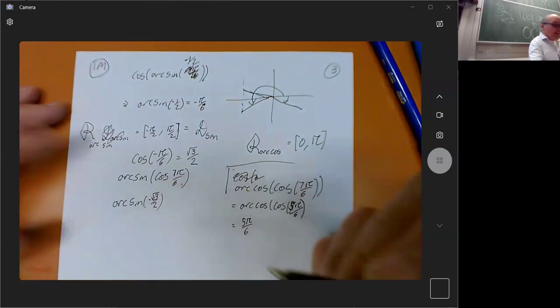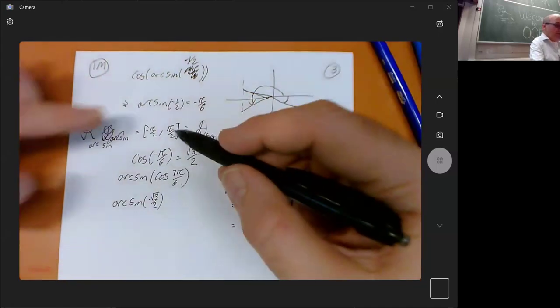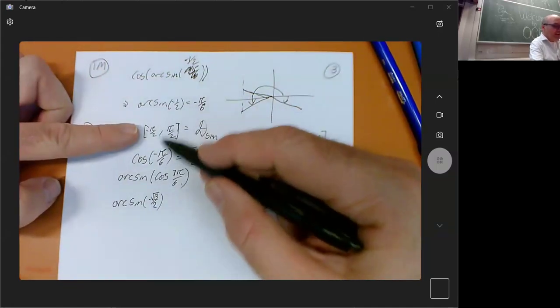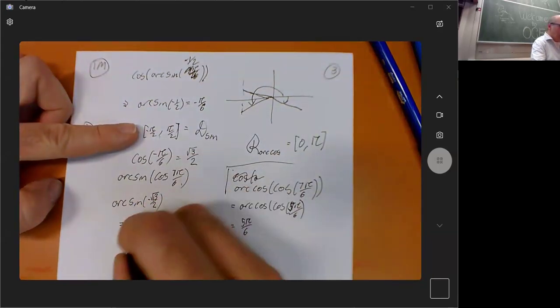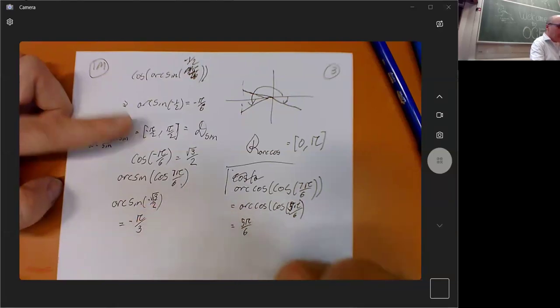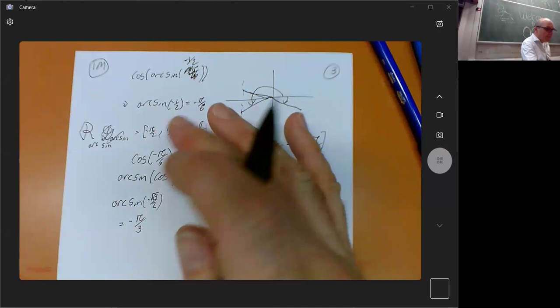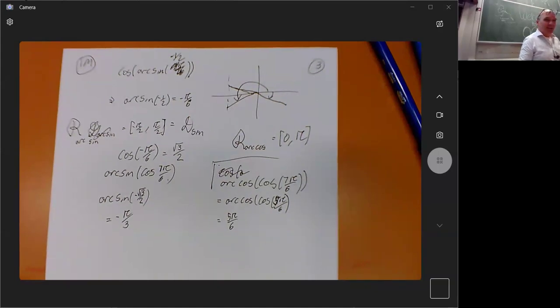And when I do arc sine of that, because it's giving it to me in this range here, it's going to be in the negative part. And so that's going to be equal to minus pi on 3. So it's important to check where you are with these things. Ideally, I should plug it into a calculator, which will tell you the right thing.